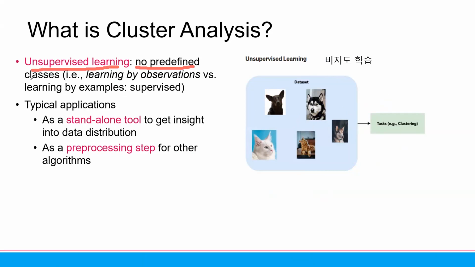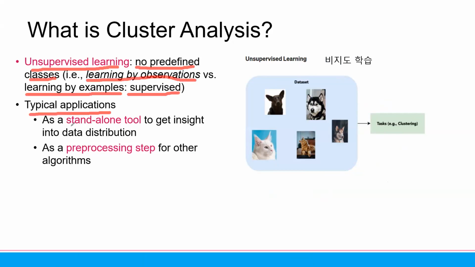No predefined classes. So it means we are just learning by observation. We can see only the data, but we do not know what is the meaning of the data. Then this is the observation. It is different from learning by examples. So we call supervised learning learning by examples.